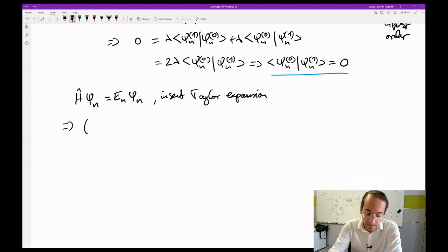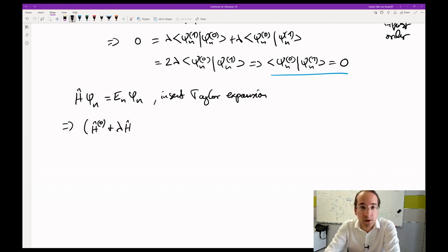The Hamilton operator, as a Taylor series, was the Hamilton operator of the reference plus lambda times the linear perturbation to it plus lambda squared the quadratic perturbation to it plus higher order terms. I will not write all of them.